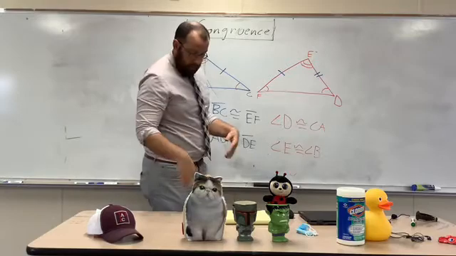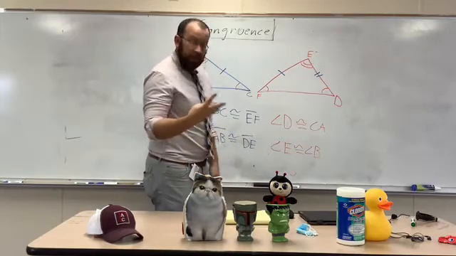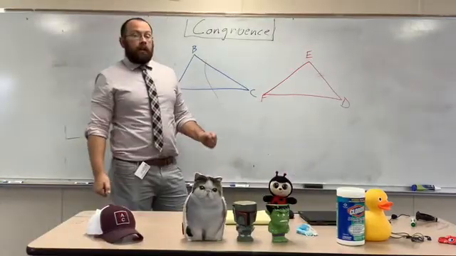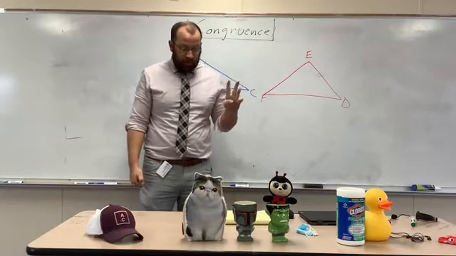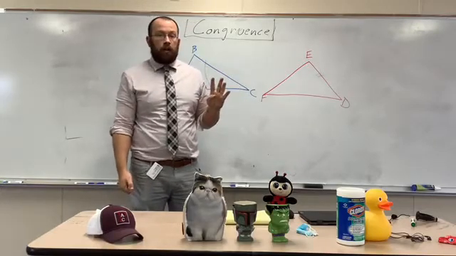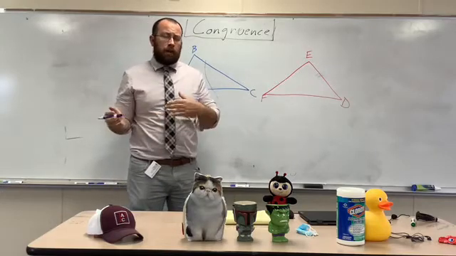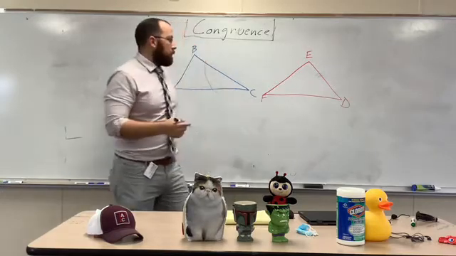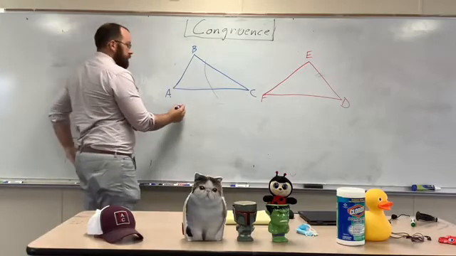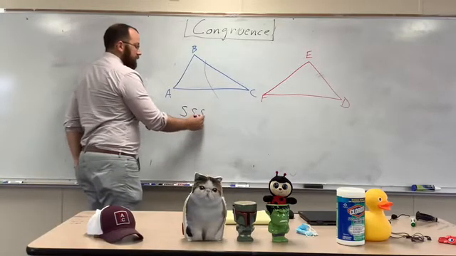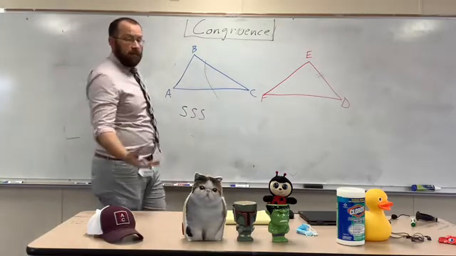All right, now I'm going to go over the 4 you need to know for this. There are 4 different ways to show that these triangles are congruent that I'm going to go over. So it's knowing that their parts are congruent that leads to it. So the first one I'm going to do is side, side, side. So SSS.